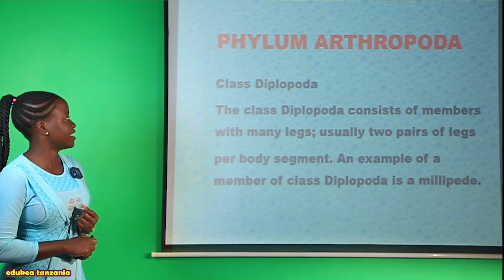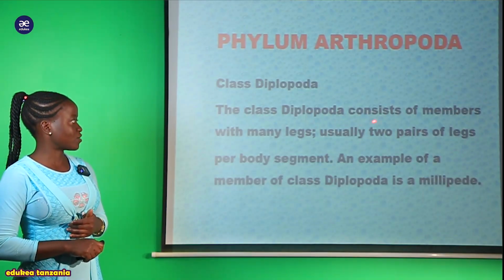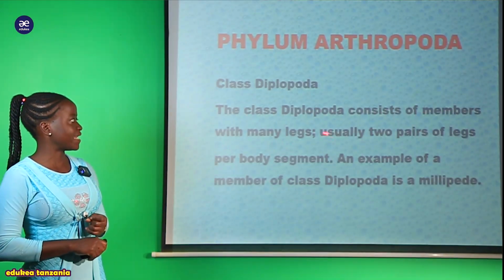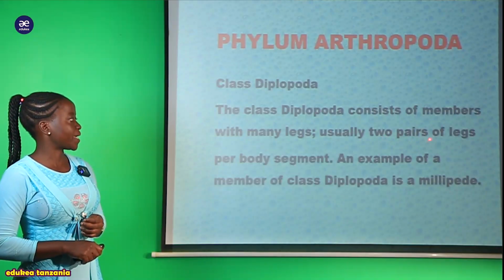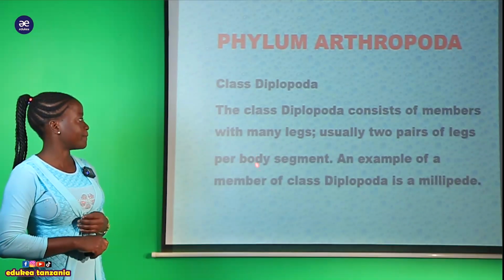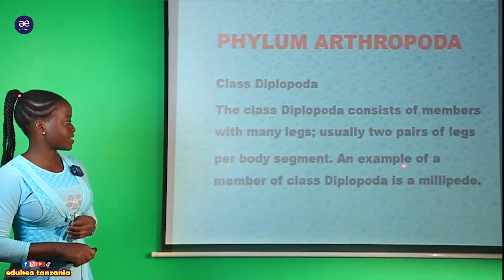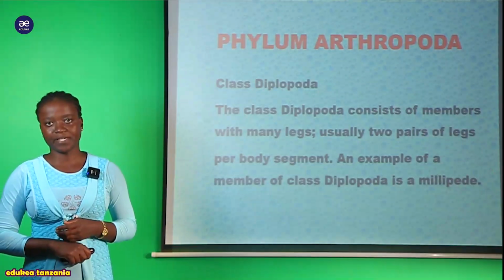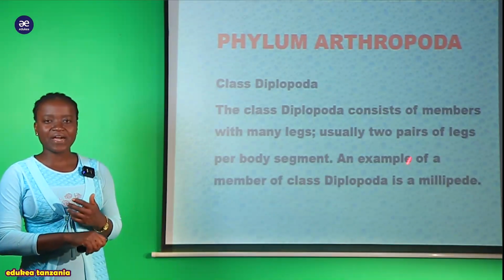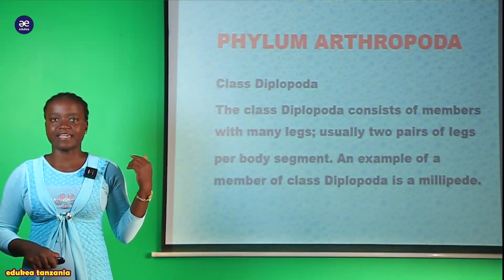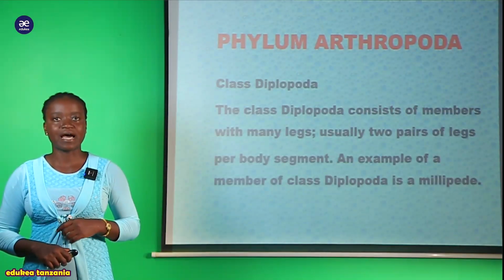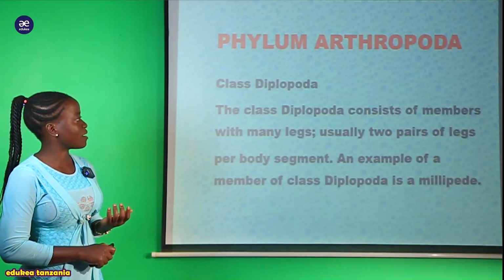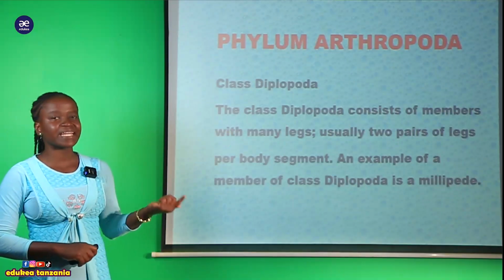Here we are saying that the class Diplopoda consists of members with many legs, usually 2 pairs of legs per body segment. A good example of a member of class Diplopoda is the millipede. This means that the organisms found in this class called Diplopoda mainly consist of many legs.